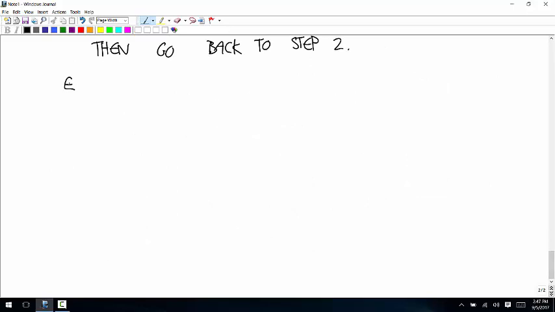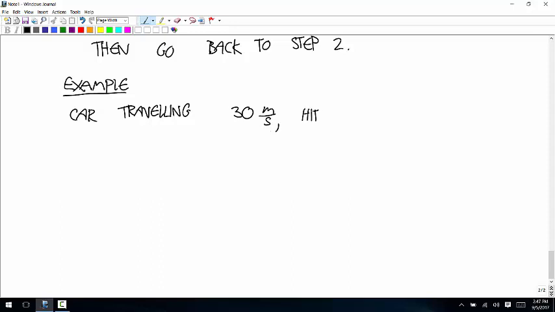Okay, so here's the first example using these constant acceleration equations. A car is traveling at 30 meters per second and hits the brakes.